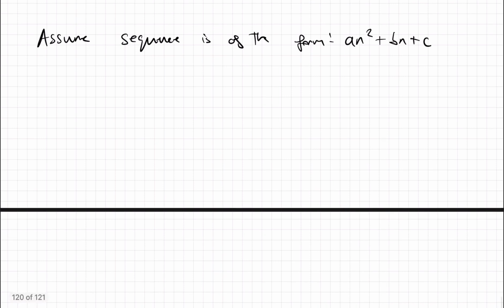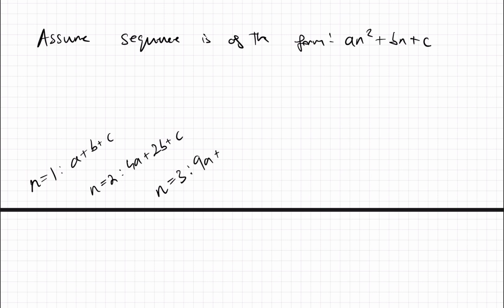So now we know the first term is going to be, just put n equals 1 into here, you get a plus b plus c. The second term, when we put n equals 2 into this, you get 4a plus 2b plus c. The third term, put 3 into this, 9a plus 3b plus c. And that continues like so.